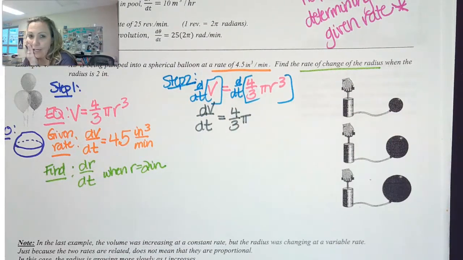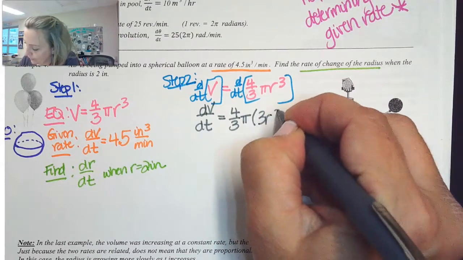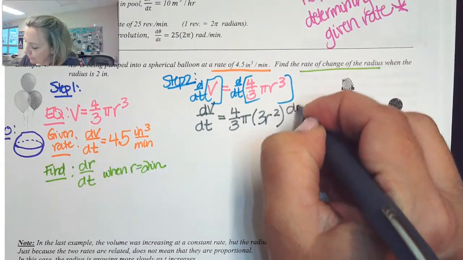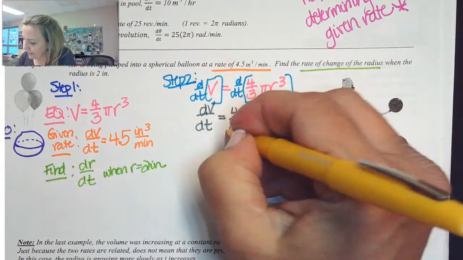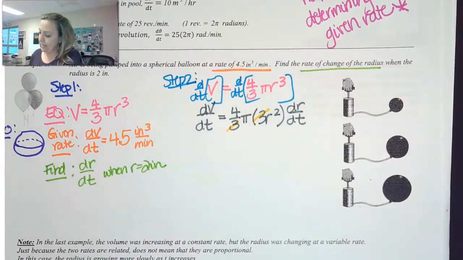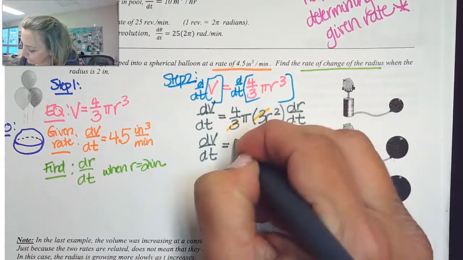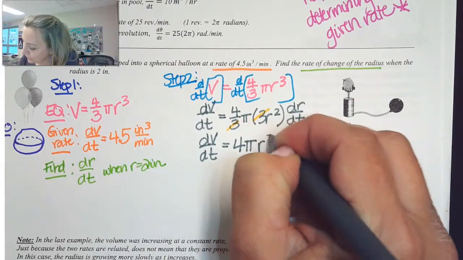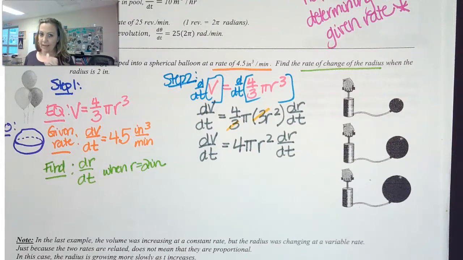And then we can differentiate r cubed with respect to t. So that's going to be 3r squared and then dr/dt. Okay. Let's simplify. Oh, that's nice. These can cancel. And so that means that dV/dt is going to be 4 pi r squared dr/dt. Okay.